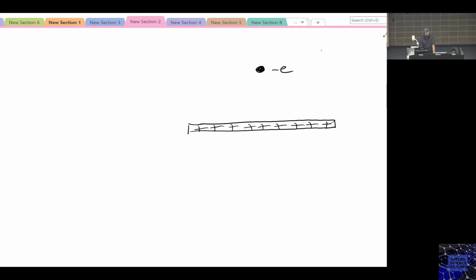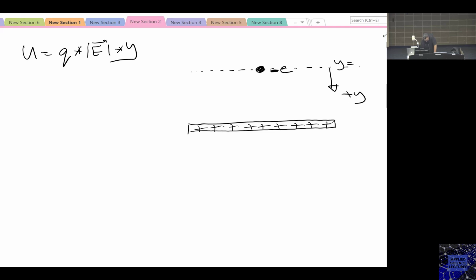So positively charged plate, electron here, particle here, then we will be using the location of this particle as our reference for the displacement using this expression. So in this case, this level is my 0, y equals 0. And pointing toward the positive plate is the positive displacement.